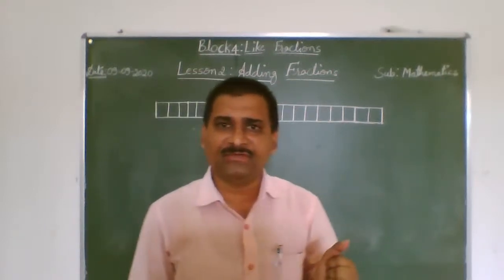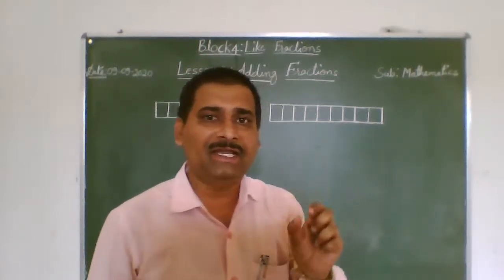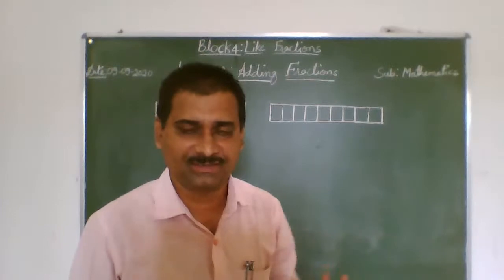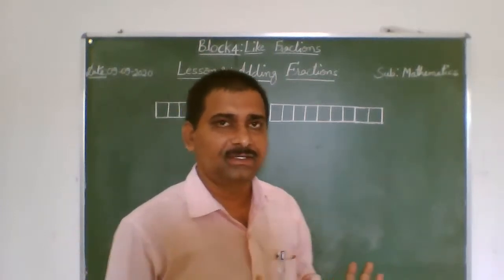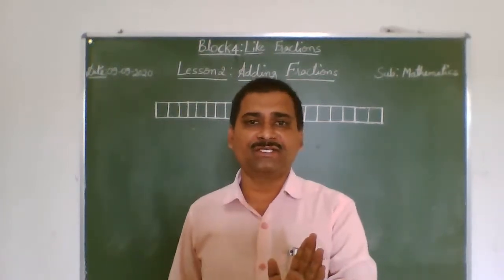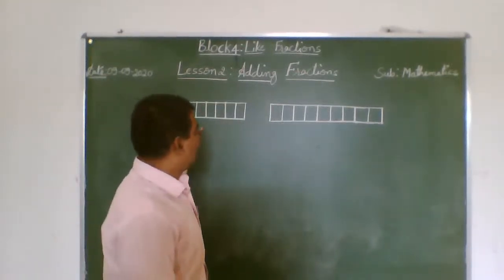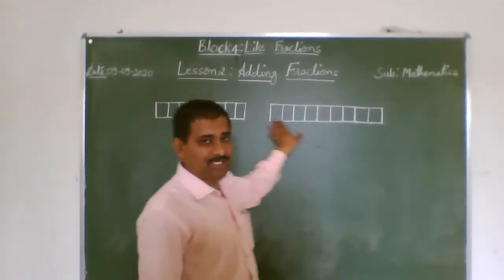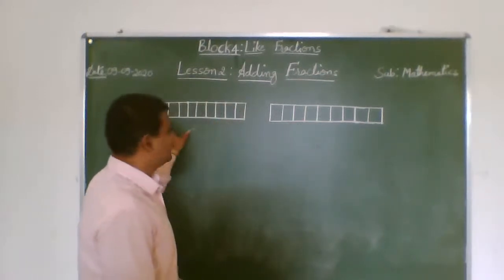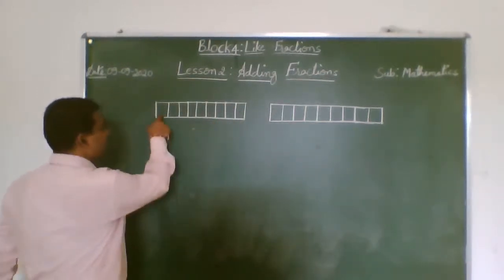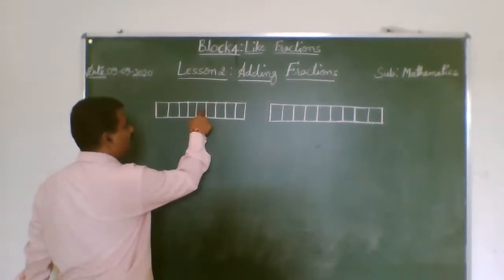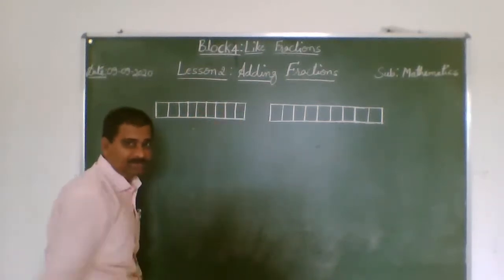Again children, what type of fractions are we adding? We are adding like fractions, right? So how to add like fractions? Again I will show you with pictures. A rectangle, one more rectangle. This rectangle is divided into 9 parts. 1, 2, 3, 4, 5, 6, 7, 8, 9.